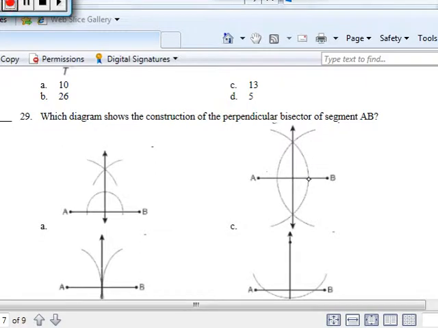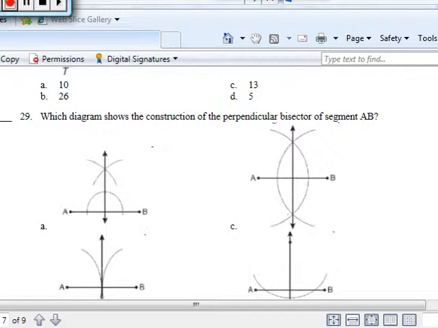Keep it at that distance and draw an arc. You don't have to draw the whole circle, just an arc right here. With the same opening, come over to this other side and draw the exact same arc. Connect the dots. Look what you've got.